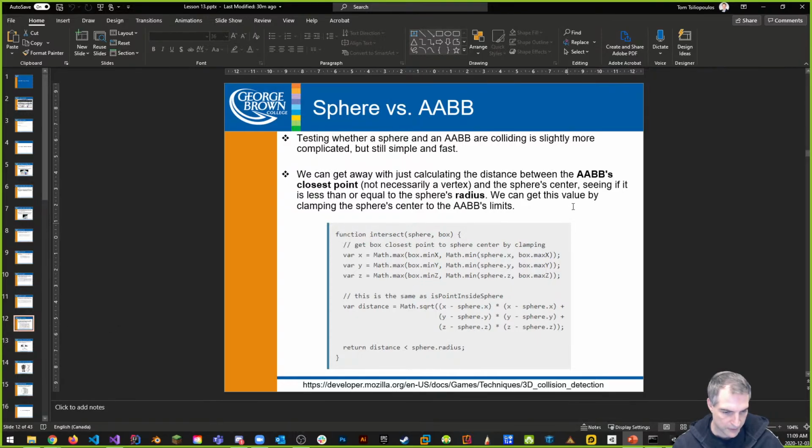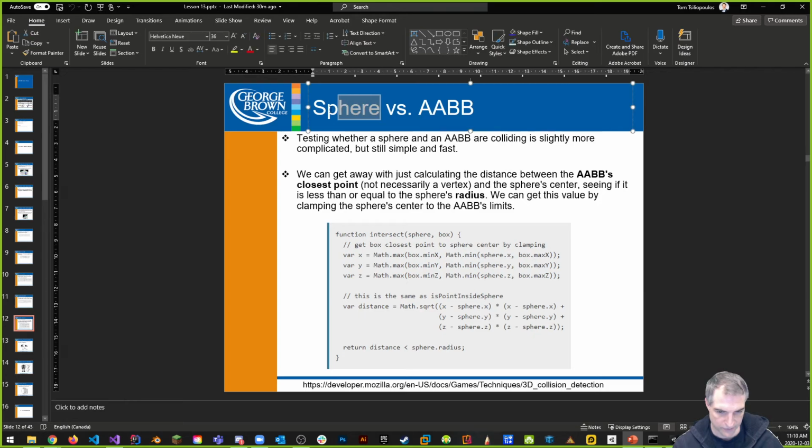Sphere versus AABB, also something it would be nice to combine, because once we have sphere and AABBs, well then we can cover a lot of things with those two objects. Remember that a sphere doesn't care about the orientation of the thing inside of it, and that's why for most basic physics systems, a sphere in three-dimensional space is the easiest way of detecting collisions.